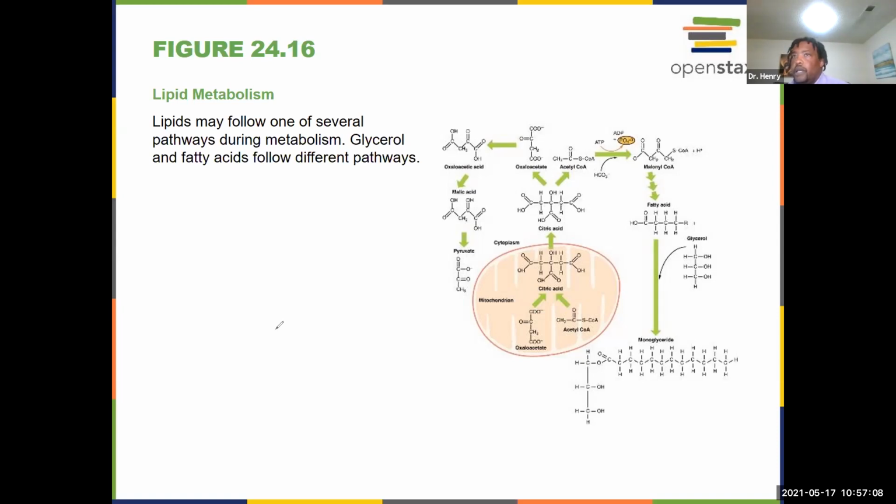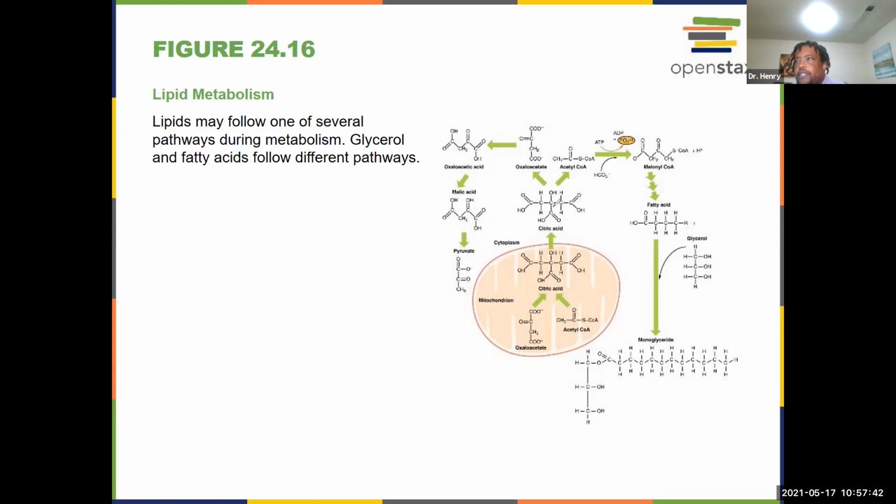Okay, so if we take a look at this, let's start in the mitochondria. We have the citric acid that is going to be generated, and that's going to be made from the oxaloacetate and acetyl-CoA.